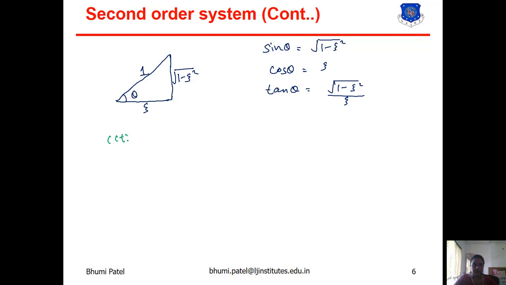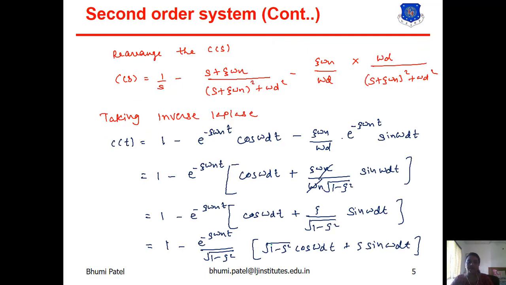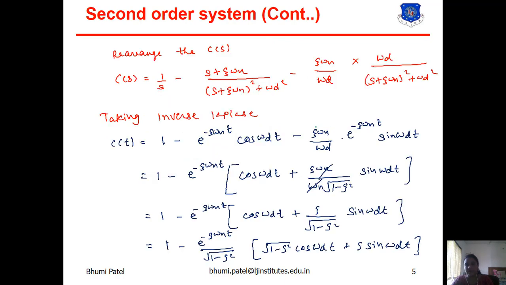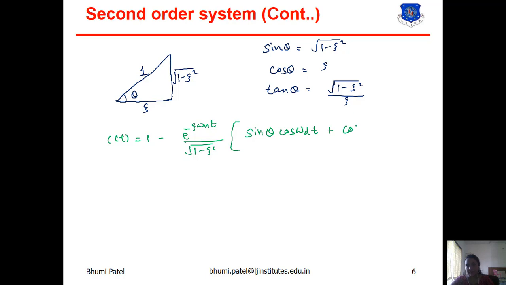C of t is equal to 1 minus e raised to minus zeta omega n t upon under root of 1 minus zeta square, as it is now in bracket. It is under root of 1 minus zeta square, so is equal to sin theta into cos omega d t plus, here zeta is given, so zeta is equal to cos theta sin omega d t.